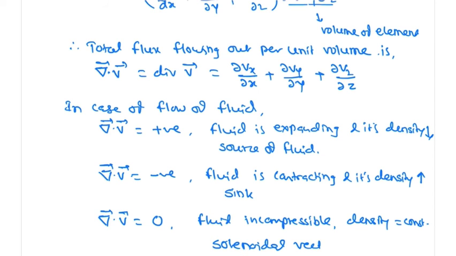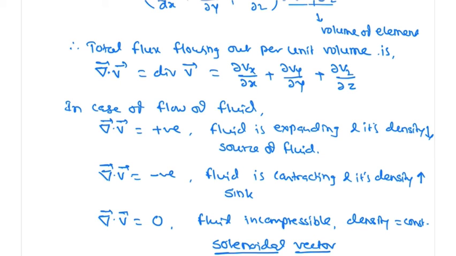Hence, when the vector becomes a solenoidal vector at a point in a fluid, the fluid does not expand or contract, it becomes incompressible and its density remains constant, which means del dot V is 0.